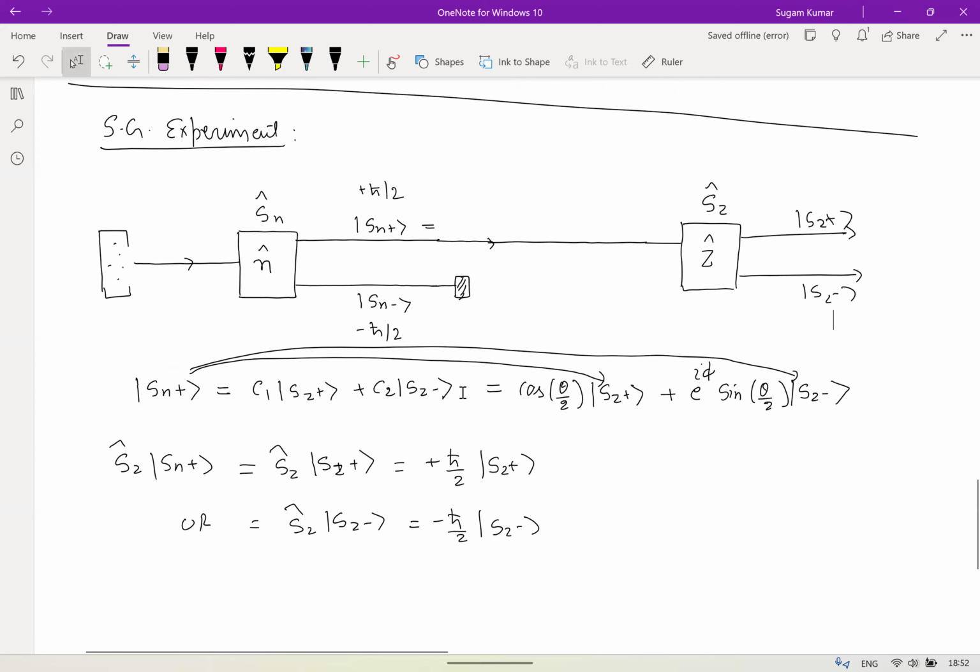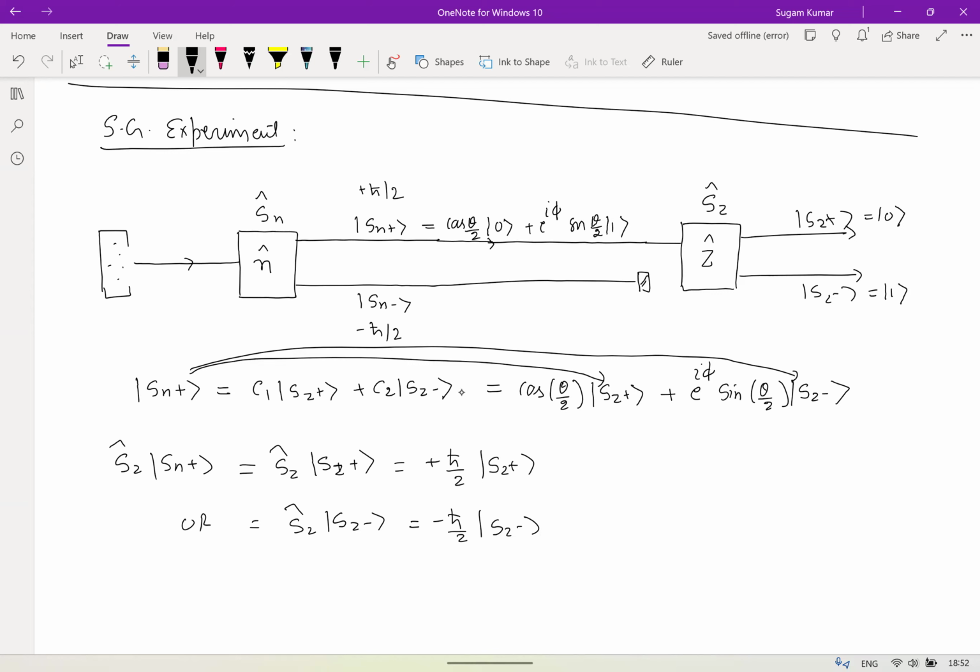And here I can just write down, maybe now it will be very useful for you. This Sn plus is actually equal to cos theta by 2, maybe I can represent by 0, because this state Sz plus is sometimes also called 0, and it is also called 1, plus e power iota phi and sine theta by 2 and 1.